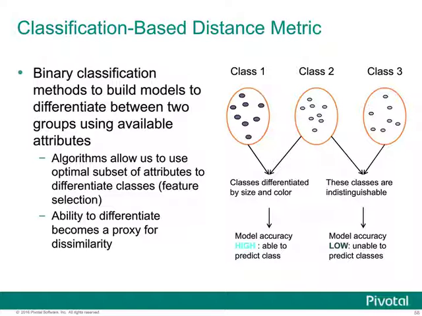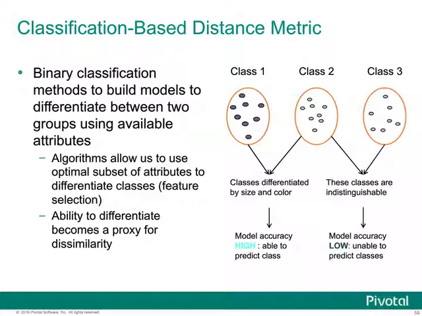Ultimately, we can see on the left-hand side, Class 1 and Class 2 could be visually represented as these dots where their size and color differ, for example. And if we take a sample of each one of those classes and build a classifier, we'll be able to differentiate, likely based on the features available, for example, color and size, whether or not any new example comes from Class 1 or 2. Using this, we'd be able to have a high model accuracy for being able to classify or differentiate between Class 1 and Class 2.